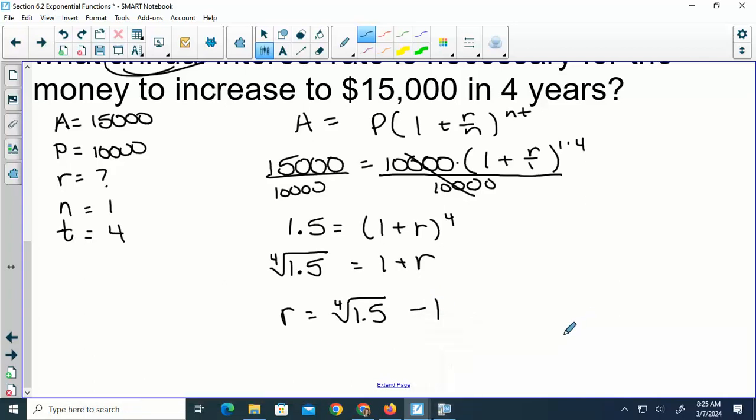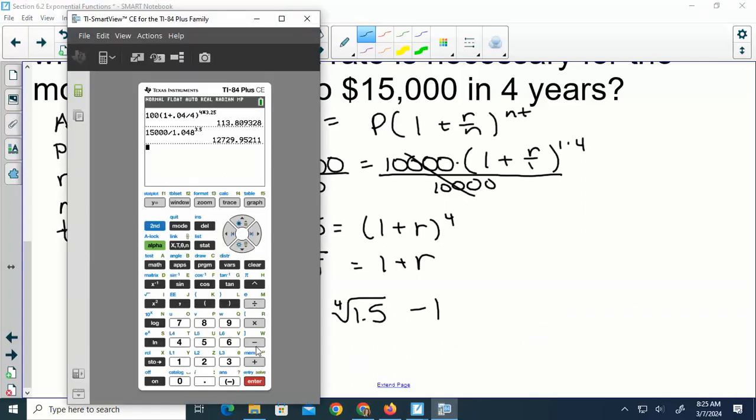So we get the 4th root of 1.5 with a minus 1 on the end. All right. This is an interest rate, so we need to probably keep more than just a couple decimal places.